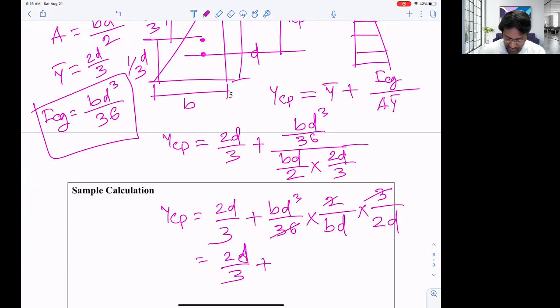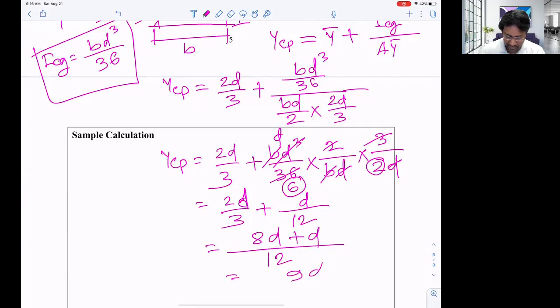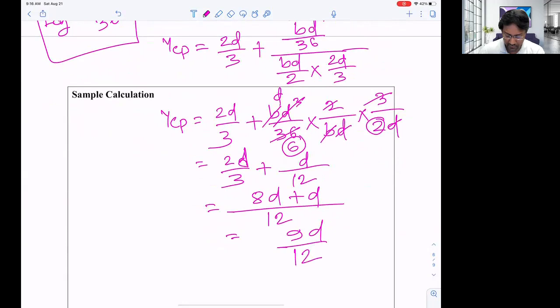This B and this B will cancel, and this D cube over D square will be D. So what will we have? We have D as numerator, and denominator will be 6 into 2, 12, right? So if you just simplify, it will be 8D plus D over 12. That means 9D over 12. So 3 over 4 D. So YCP is what?